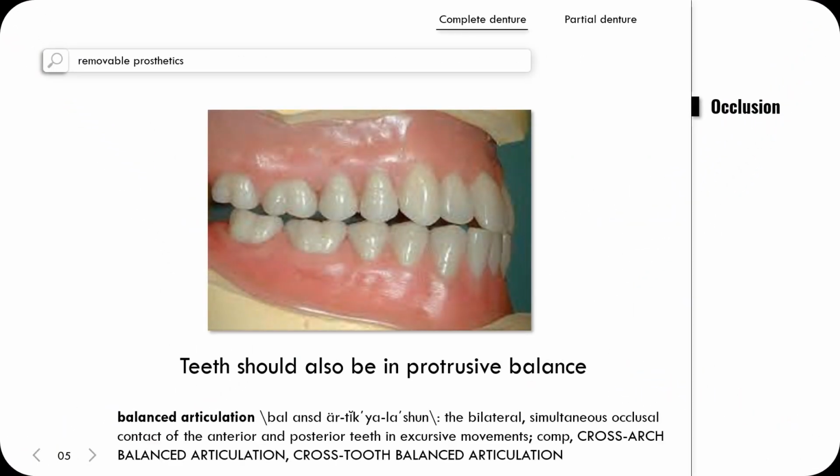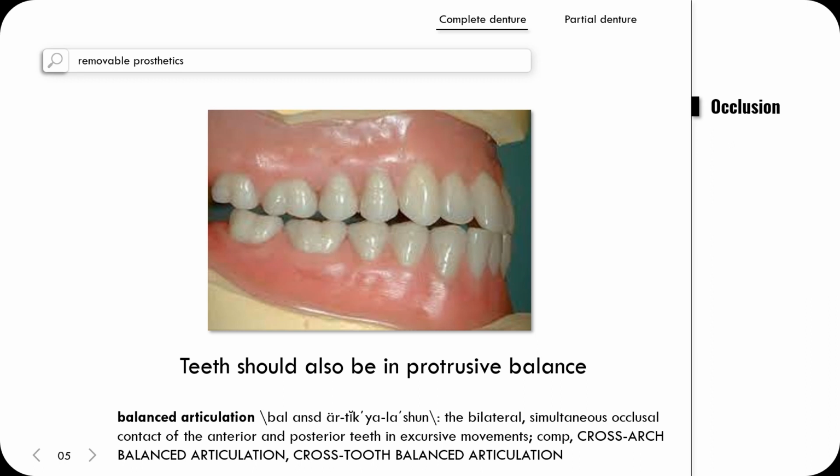When we look at the anterior teeth, the teeth should also be in what we call a protrusive balance. So when the patient slides their jaw forward with their dentures, we want their teeth to come in contact evenly, front and back, so again, we don't introduce any tipping forces.